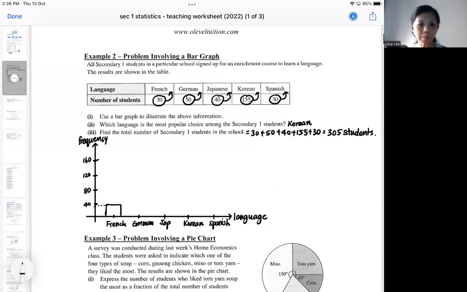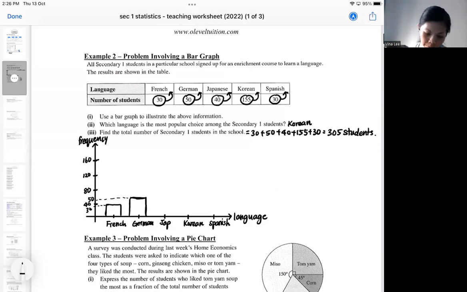30. Then for the German, I have 50. So the 50 should be somewhere here. I think if you use a ruler, yours should be nicer. So this is 30, this is 50. Or if you actually draw this on graph paper, you'll be very accurate.